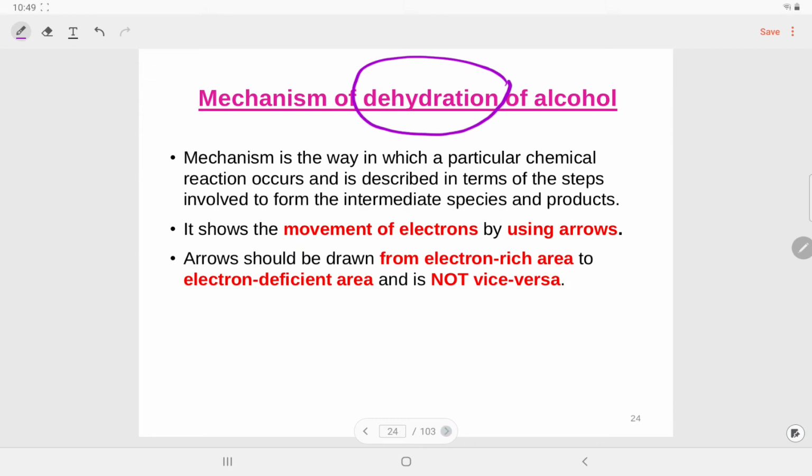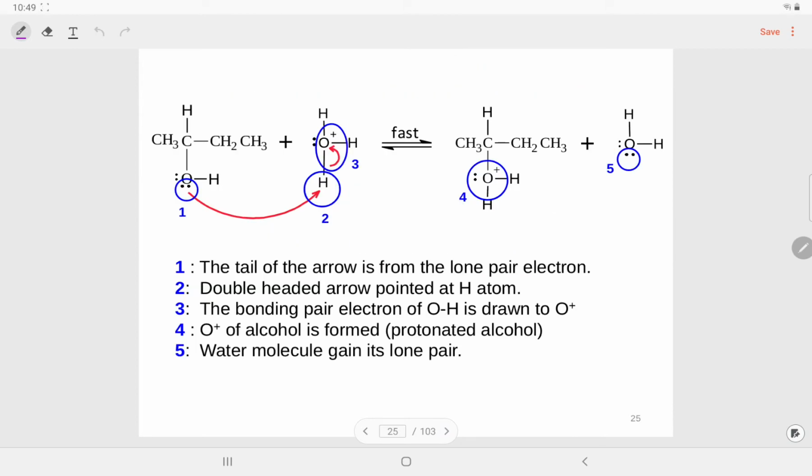So I just go through what is involved in the dehydration of alcohol. You can refer to our video to study for this lesson. In step 1, we must use the full-headed arrow, from the nucleophile, which is rich in electron density, toward the electrophile, which has less electron density.